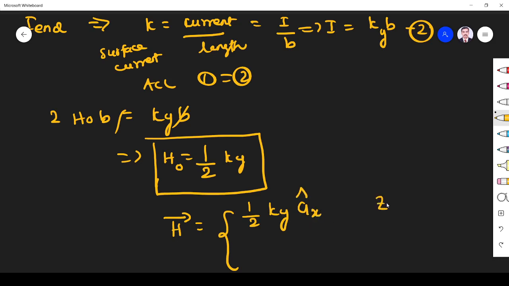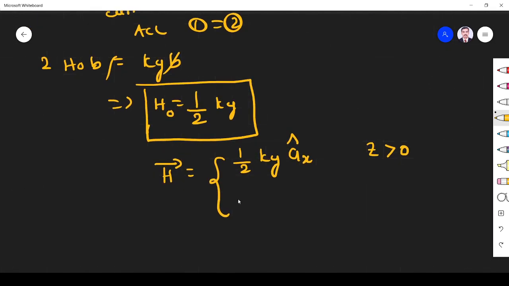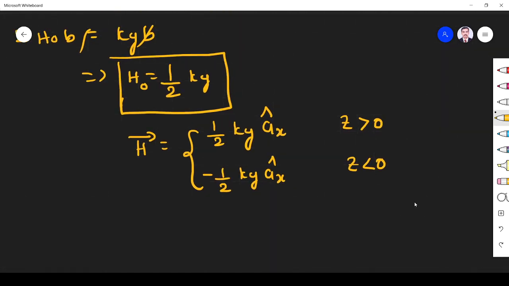So this is above the sheet, z is greater than 0. Then below the sheet, it is minus 1 by 2 Ky ax. Below means minus x direction, so z is less than 0. So this is the magnetic field produced by an infinite sheet.